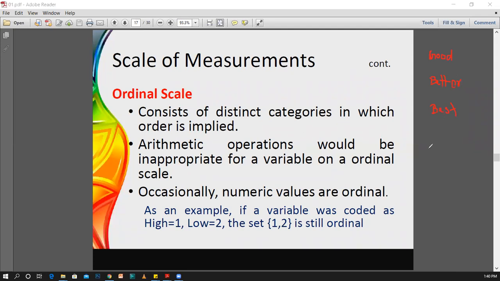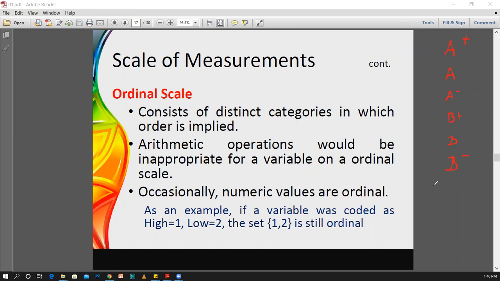Clear? Now think about your gradings. It starts from A plus, then somewhat lower A, then A minus, then B plus, then B, then B minus. Here also you are using categories, but there is a logical order. Therefore, this is somewhat advanced from the nominal scale.